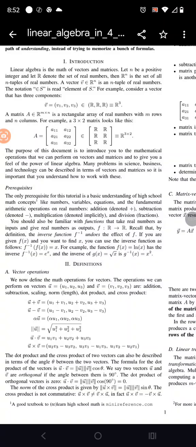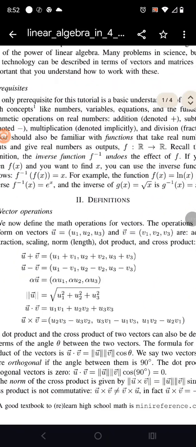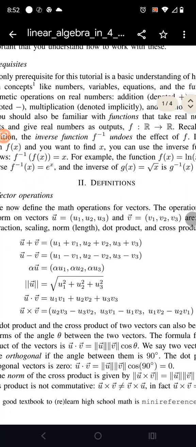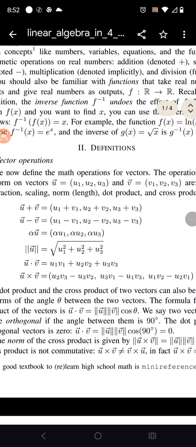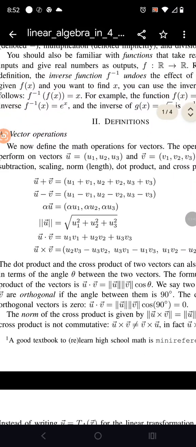So u plus v is understandable. Alpha u, multiplying with a scalar. u dot v is u1 v1 plus u2 v2 plus u3 v3. The norm of u is the root of u1 squared plus u2 squared plus u3 squared.